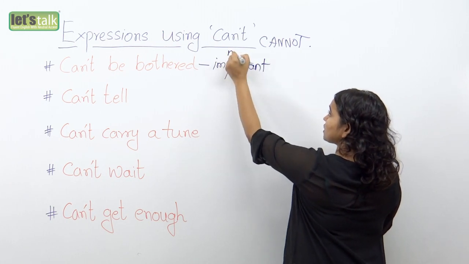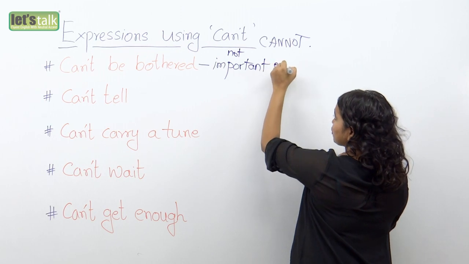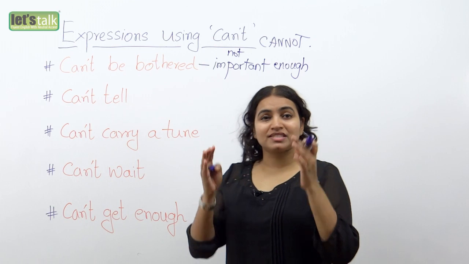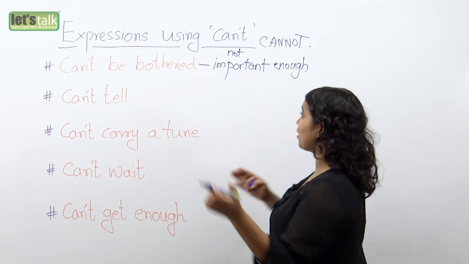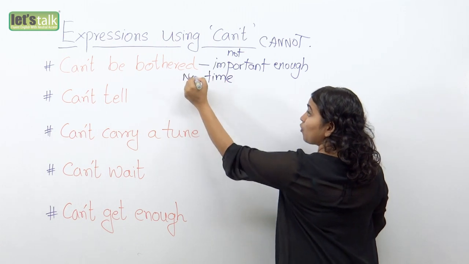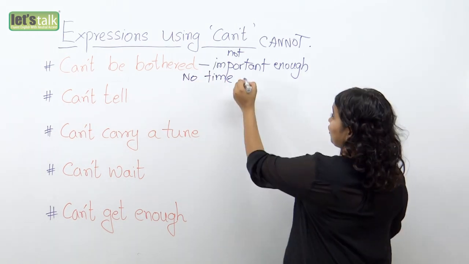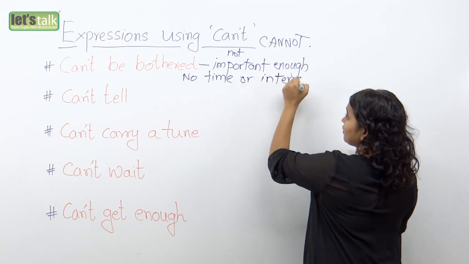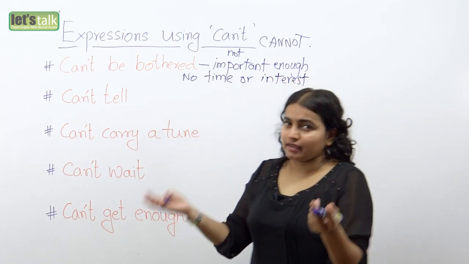So it's not important enough for your attention, or there is something that you don't have the time, so you've got no time, or you don't have the interest, so you've got no time or no interest to do it or to say it, perhaps.